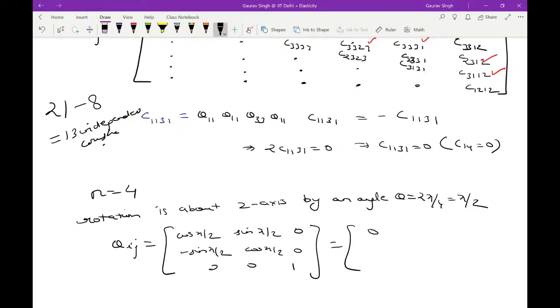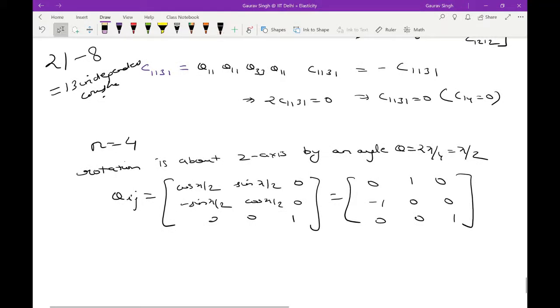This would make it 0 1 0, minus 1 0 0, 0 0 1. And over here, as you can see, you still have ones and minus ones only, just because I was very clever to take a suitable n. If you take n equal to 3 or 6, you don't have this privilege, and then you will have to expand it in the full form. So I'm just taking these forms because it is easier to solve the transformation relations. That's all.